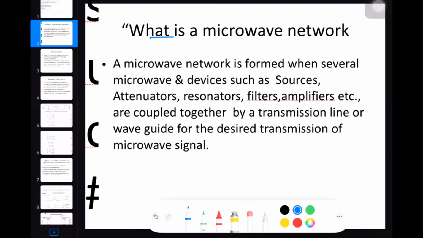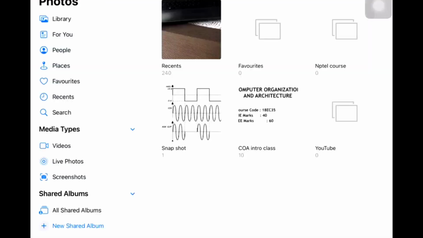A microwave network is a network which is formed when several microwave devices are connected. So I'll once again show you the photo of the microwave test bench, which I showed you in the earlier class, so that I think you can remember better.